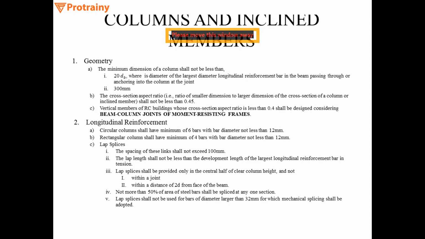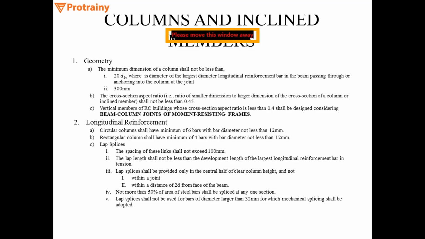As I have told you earlier, a column needs to have better moment capacity than a beam, because a crack in a beam can be tolerated during a severe earthquake, but a crack or collapse of a column can lead to collapse of the whole building.